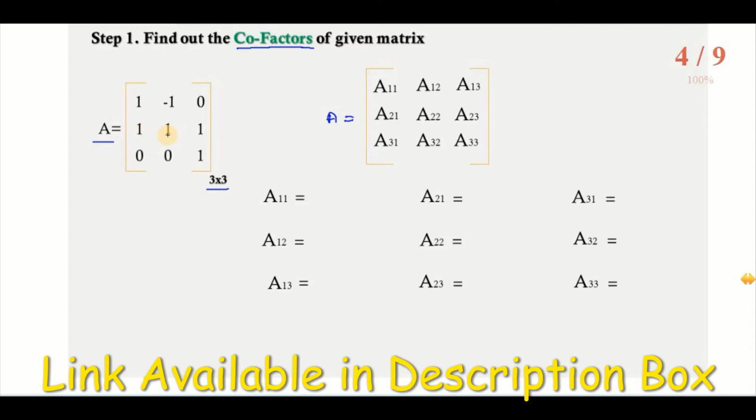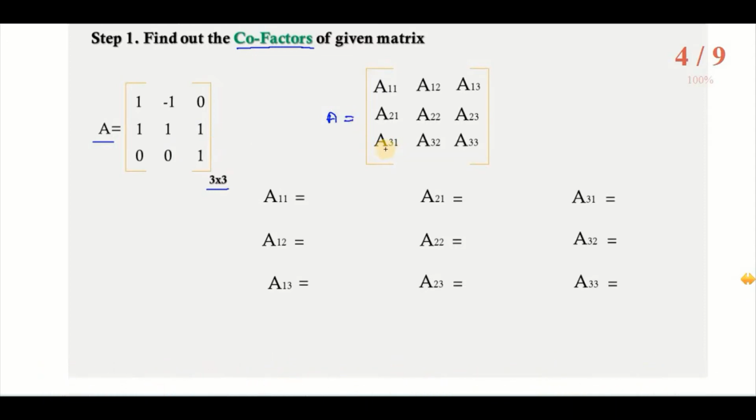A22, second row, second column. A23, that is second row, third column. Then A31, third row, first column. A32, third row, second column, and A33, that is third row and third column. So for this we have to find out the cofactors.